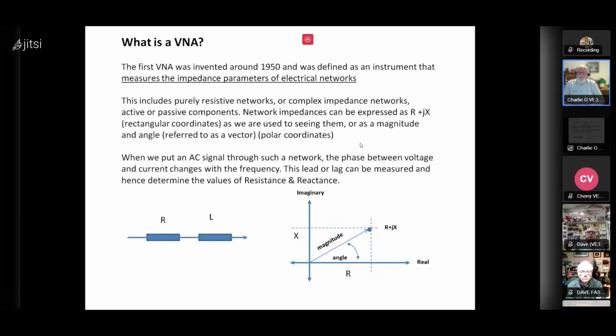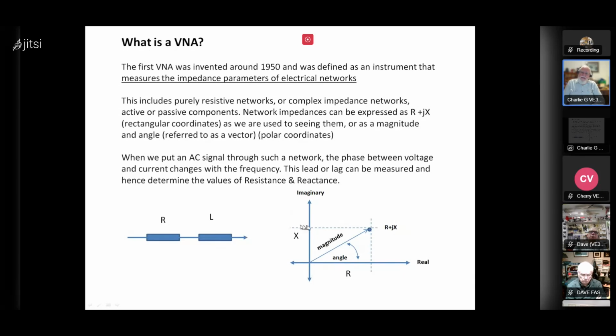Typically, they're expressed as the R plus jX rectangular coordinates, for those of us who are used to the math portion of it. And they can also be expressed as a magnitude and an angle, which would be called polar coordinates. If you look at the little picture at the bottom here, if you're going to express it as R plus jX, the R would be along the resistive axis, and the reactive part would be along the x-axis.